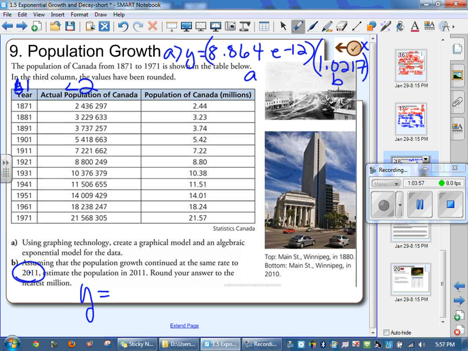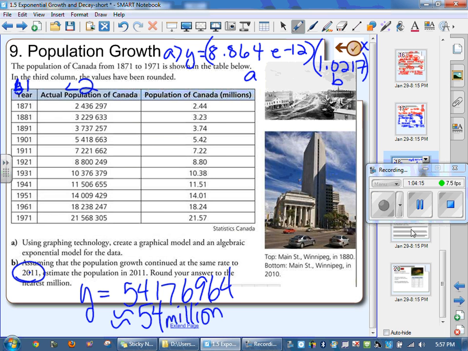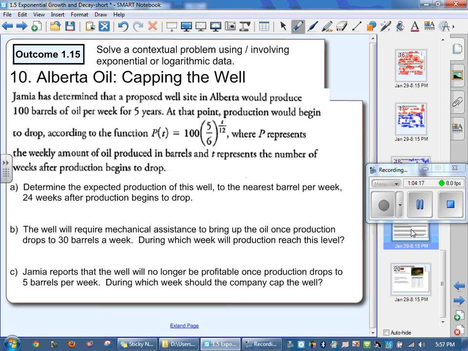Example 10. Here's a common example. The window we're going to use for this is -5, 300, count by tens, and -5, 50, count by tens. It's giving us the equation. So all we've got to do, in A, is put 24 in where the t is.